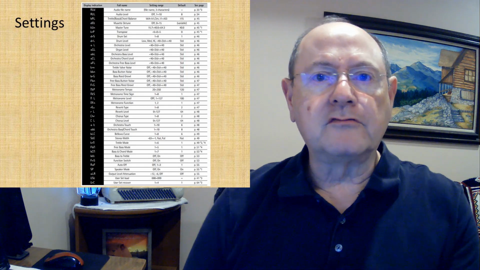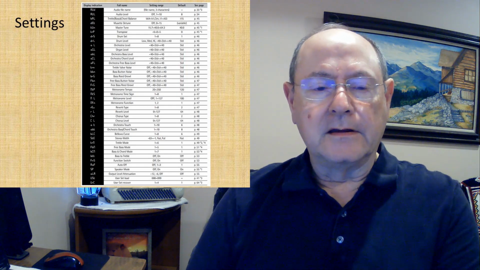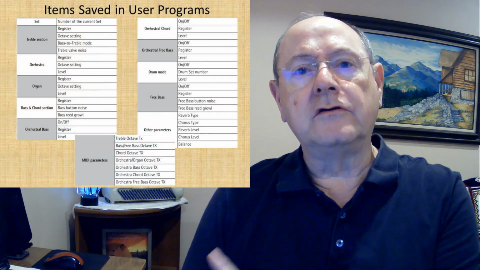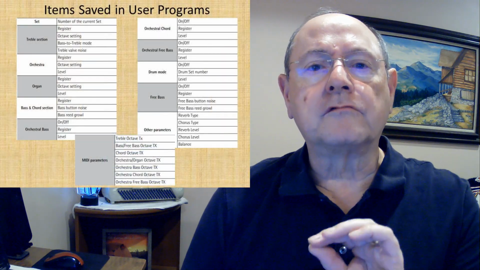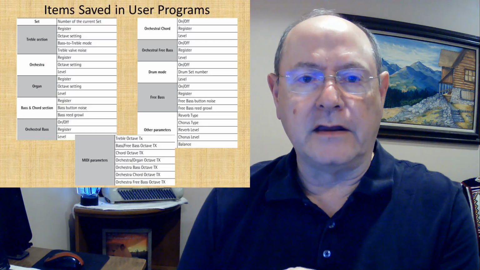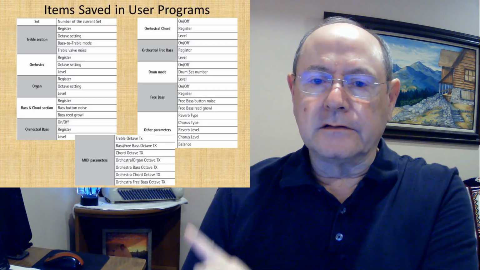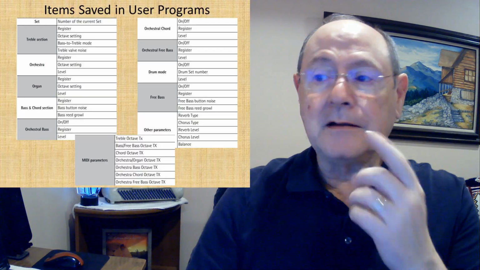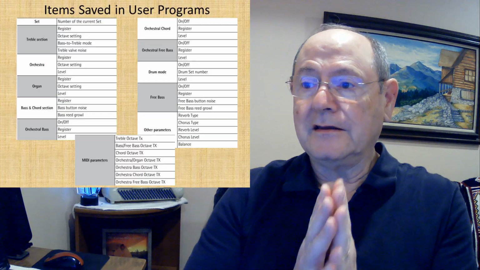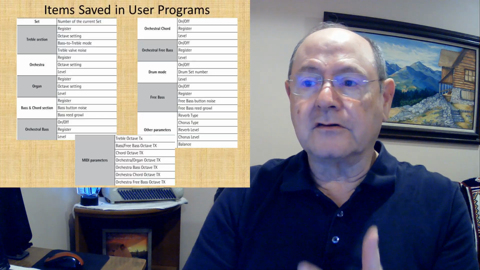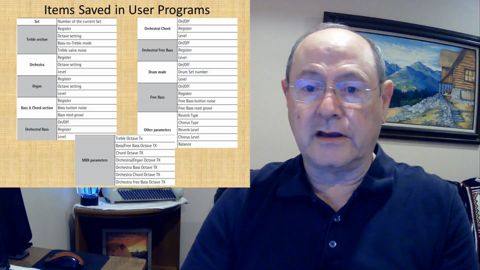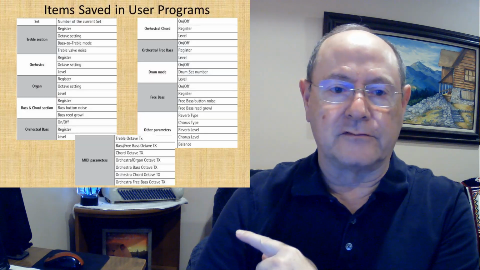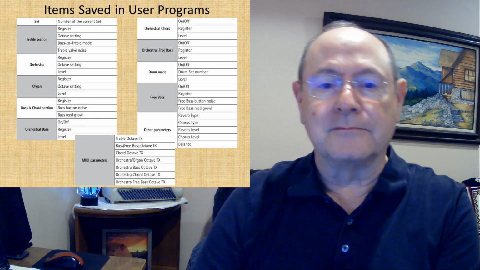Now, I'm going to switch slides here because this slide is now showing you what a user program will save. The list here is much smaller. You have certain things in the treble section, certain things in the orchestral, certain things in the organ, and so on. You can see the slide over here, unless I've forgotten to put it up.